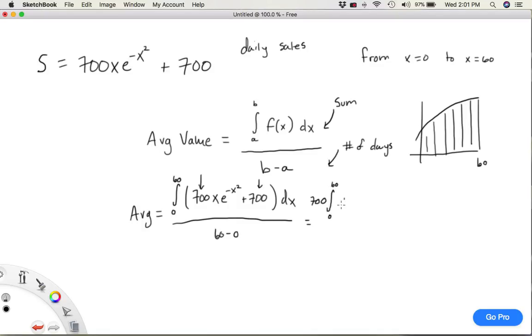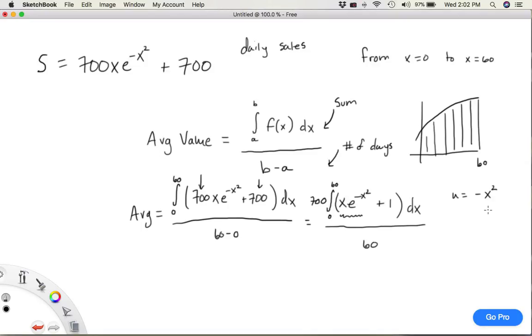We get x e to the negative x squared plus 1, over 60. Now this piece here, this x times e to the negative x squared, that's going to be a u substitution. And we have to let u equal the negative x squared.